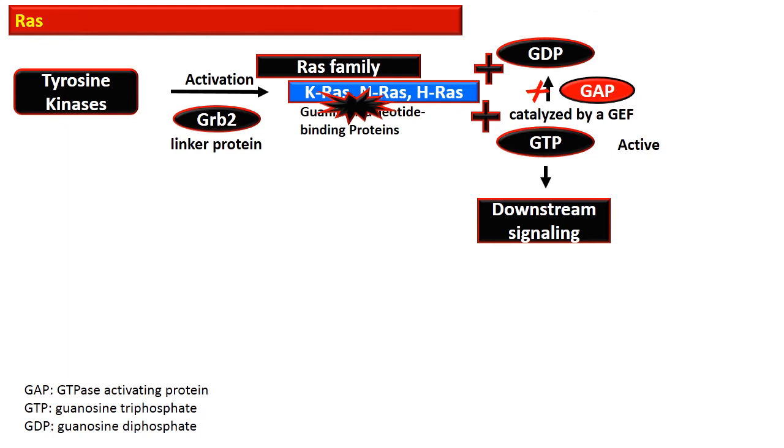When there is a mutation in the RAS, any member of the RAS family, it will block the activity by GTPase activating protein, and this will result in constitutively active downstream signaling by this GTP. So it will result in malignant tumor formation.